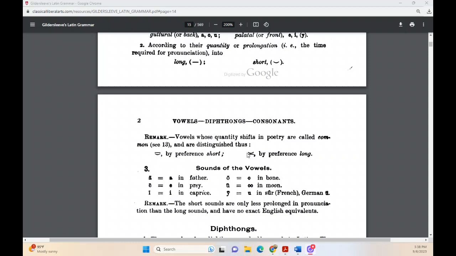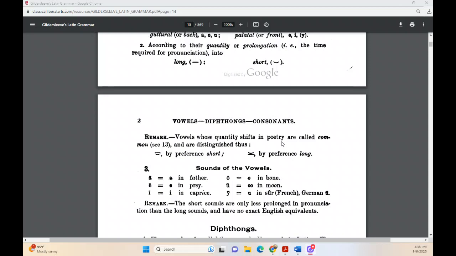And likewise, if you see a symbol like this where there's a long sign with a short sign on top of it, that means it can be pronounced either long or short, but you should try to pronounce it with a long sound. Now notice it also says in poetry, so this is not something you need to worry about right now.